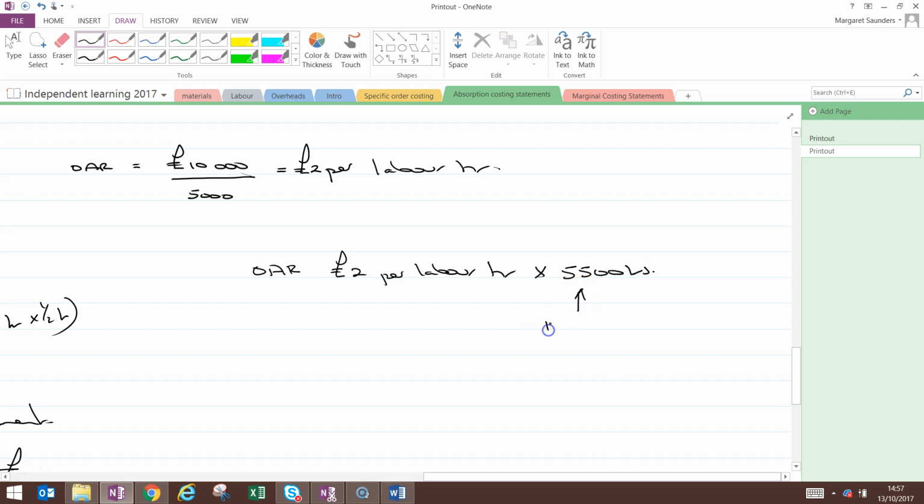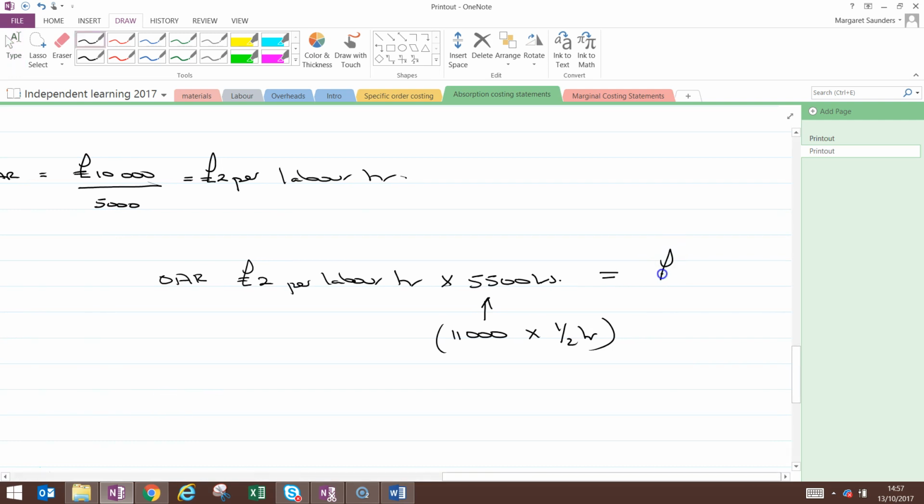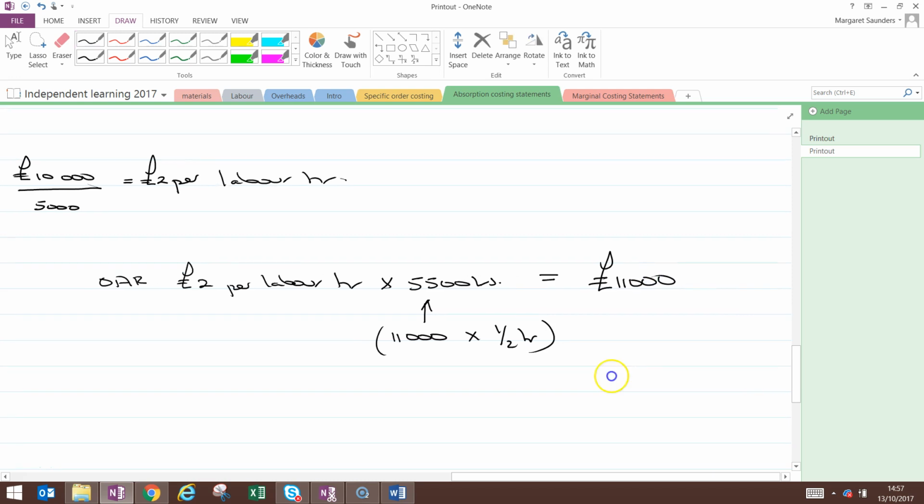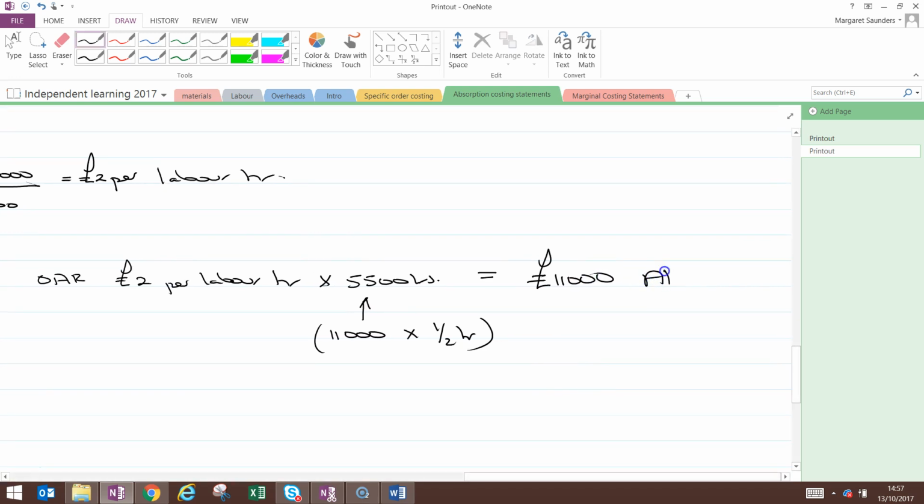So that was 11,000 units, each one taking half an hour. So we have absorbed £11,000 in overheads. So how does that compare with what the overheads actually were?